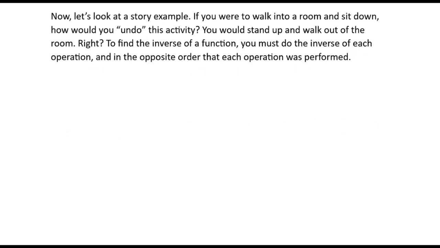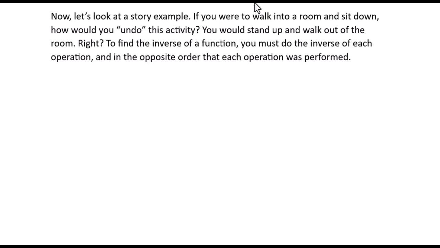Now let's look at a story example. If you were to walk into a room and sit down, how would you undo this activity? You would stand up and walk out of the room, right? To find the inverse of a function, you must do the inverse of each operation and in the opposite order that each operation was performed.